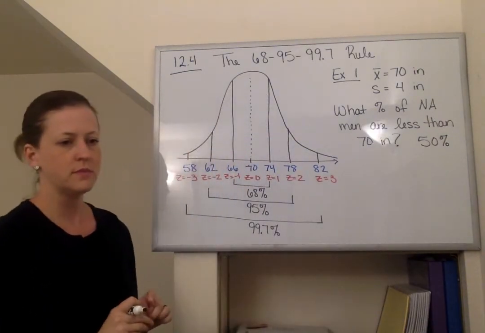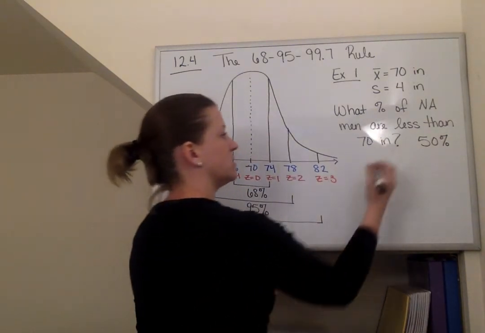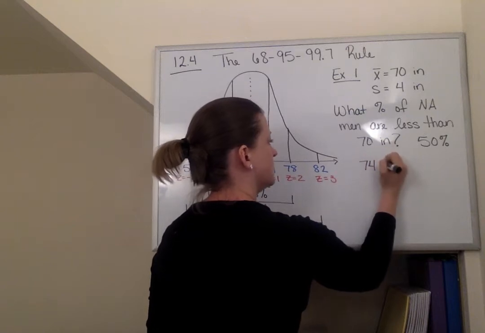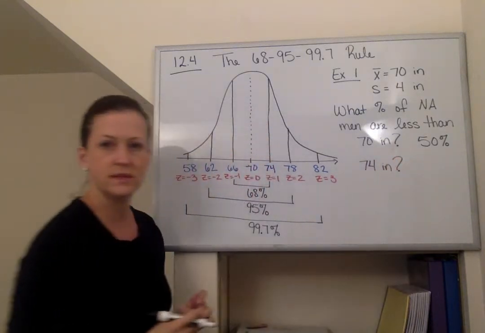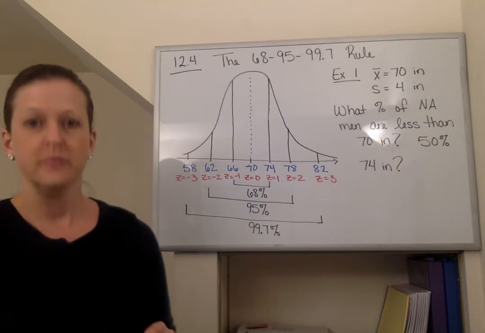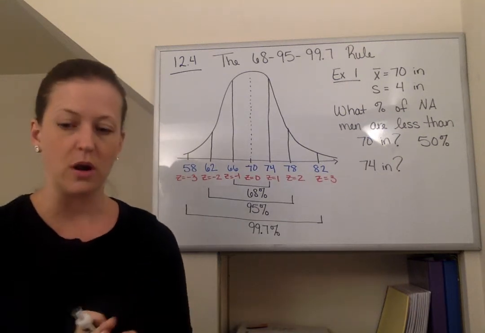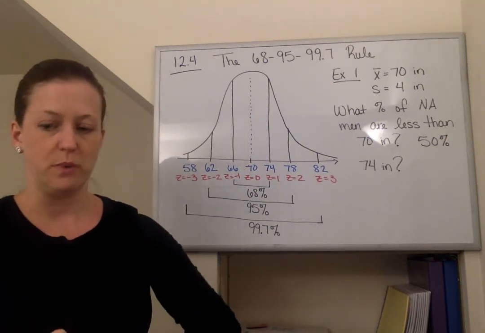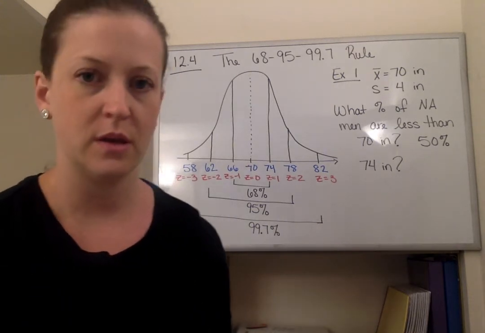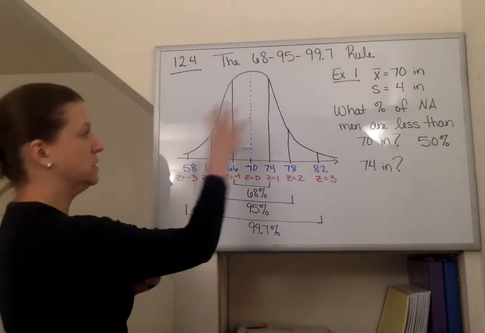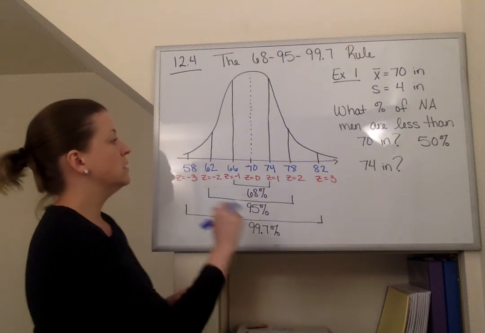Okay? Now what about what percentage are less than 74 inches? This is getting a little bit more complicated. So watch what we can do. Okay? I'm going to try to do this without destroying my picture.